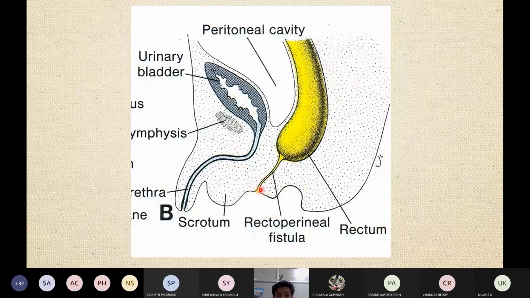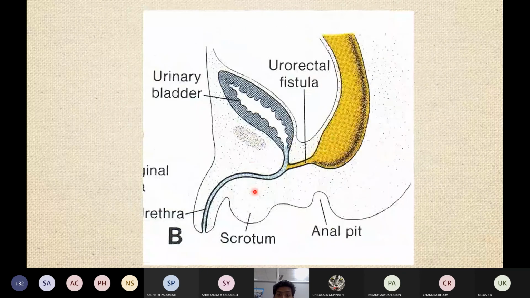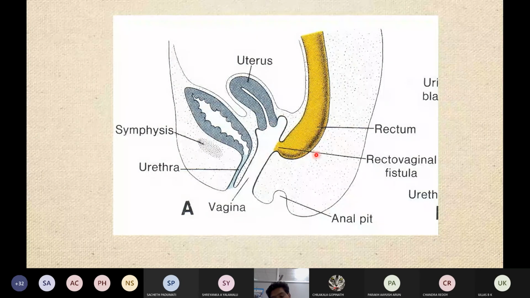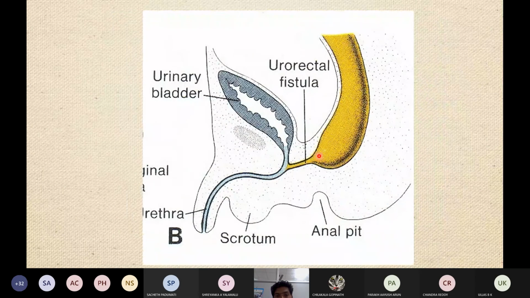In another case, with the development of the uterus and vaginal canal in between, we can see the rectovaginal fistula, where the rectum has fused with the vaginal canal. These are the different conditions we see here.